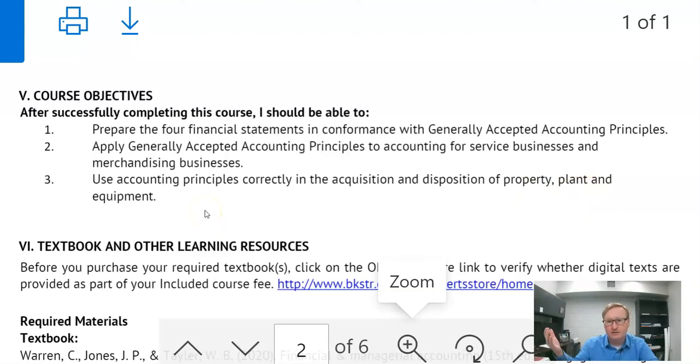So think about what businesses do. They buy things. Well, first of all, they've got to get money. They acquire money to start. They go out and buy equipment, buildings, or whatever they need to buy, what we call assets in accounting.